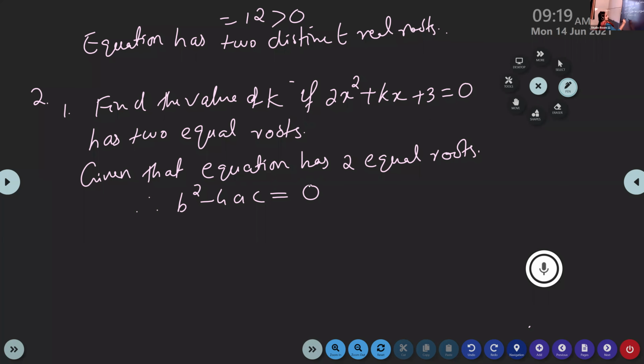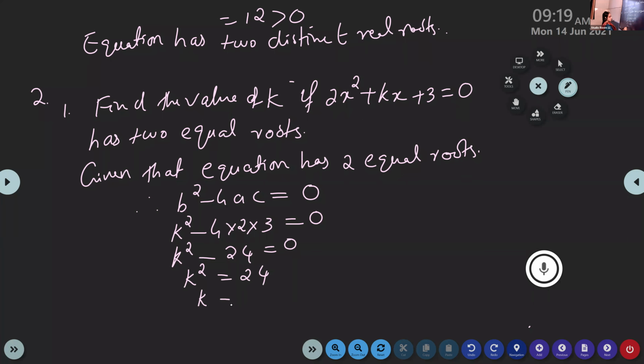So b is k. k square minus 4 into a 2, c 3 equal to 0. k square minus 24 equal to 0. k square equal to 24. k equal to plus or minus root 24.